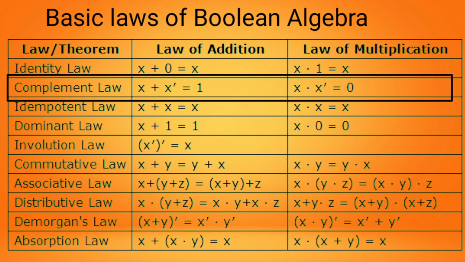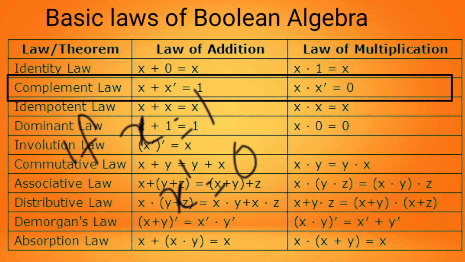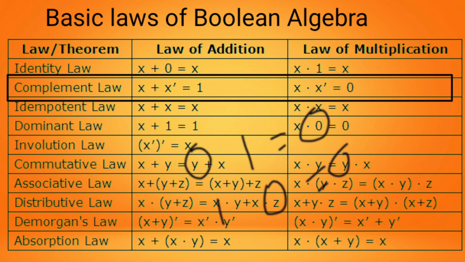If x is the variable, then x dash is the complement of that variable. If x equal to 0, x dash equal to 1. That is 0 plus 1 equal to 1. If x equal to 1, x dash equal to 0. That is 1 plus 0 again equal to 1. Similarly, x dot x dash equal to 0. That is 0 dot 1 equal to 0, 1 dot 0 equal to 0.